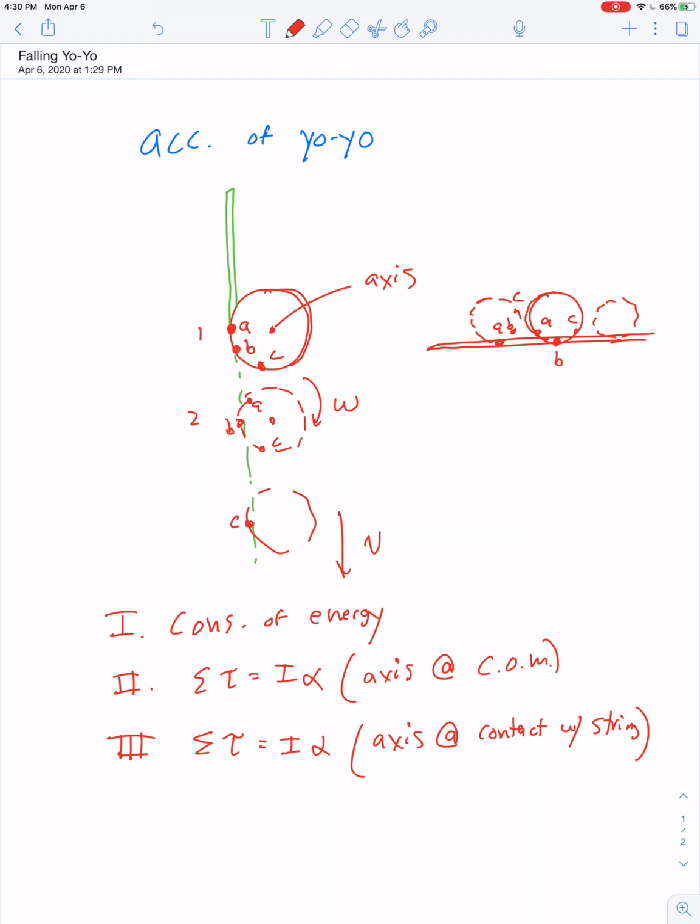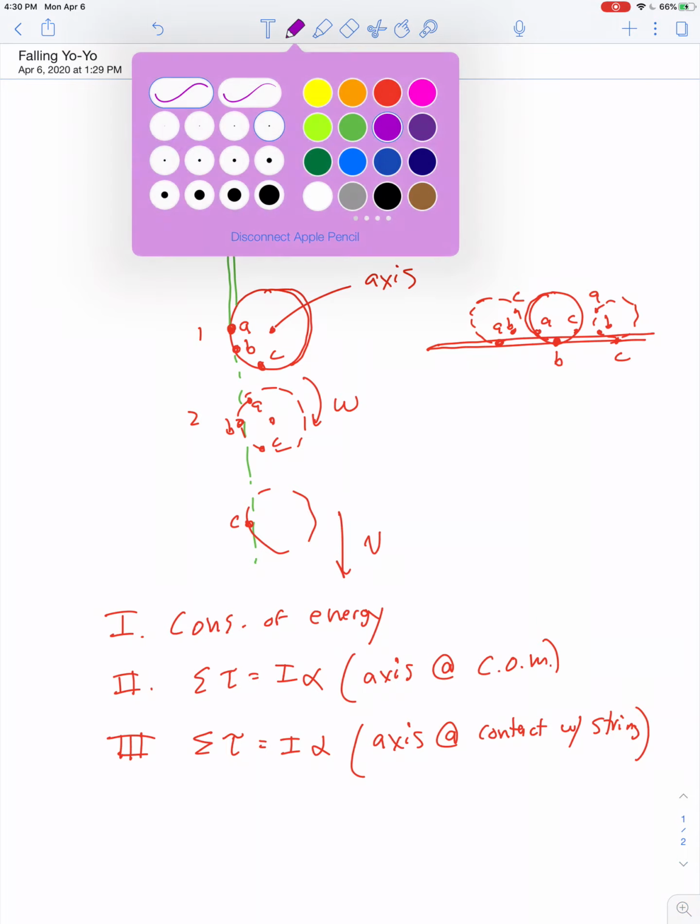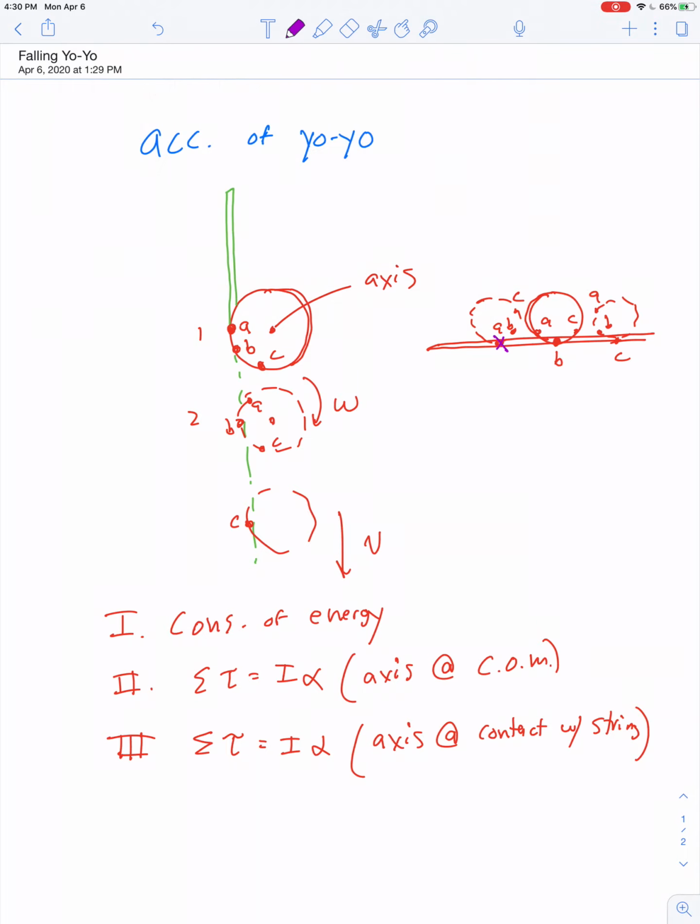And as it moves a little farther down the line, now C is the contact point, there's B, and there's A. So at any given instant in time, it gives the appearance that the wheel is hinged about a contact point, albeit an ever-changing contact point. So whether we picture it as something rolling horizontally or a disc that's unwinding on a string, there's no reason why we can't think of the axis of rotation as that contact point between the string and the rim of the unwinding disc.